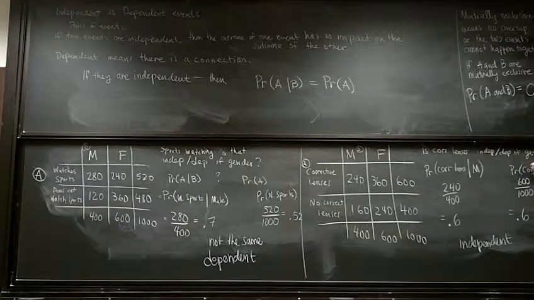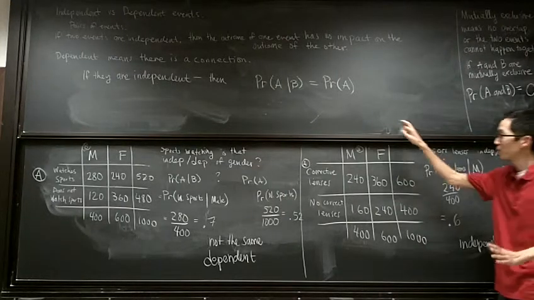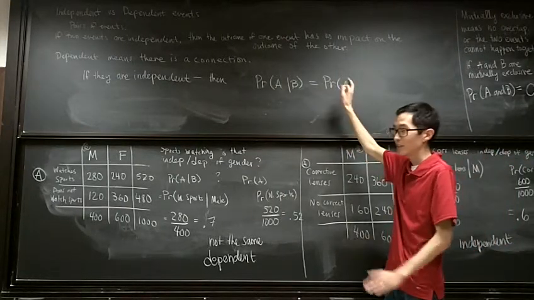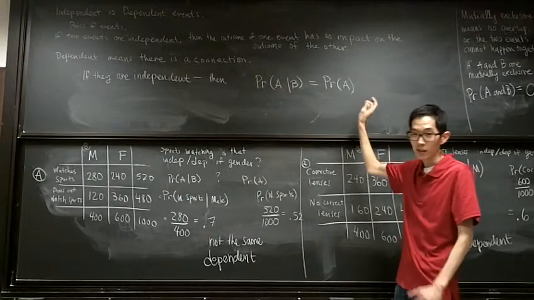It's very important that you set these up correctly. Because if you try to do corrective lenses given male versus probability of male, it'll blow up. It won't work. Or if you do probability of corrective lenses given male versus probability of no corrective lenses, it's not going to work. So remember, it's A given B. Is that equal to the probability of A?